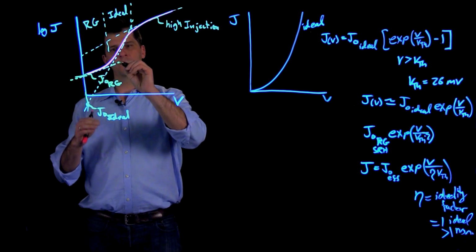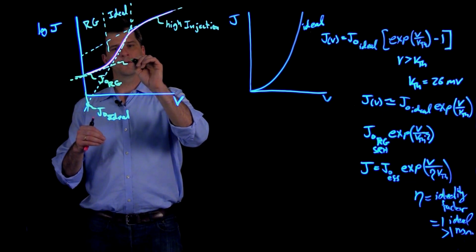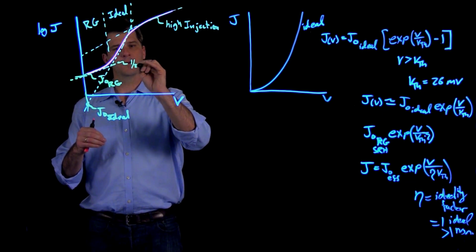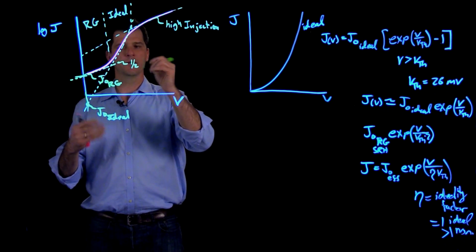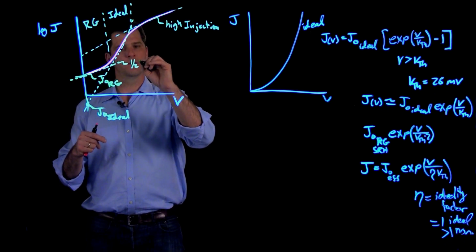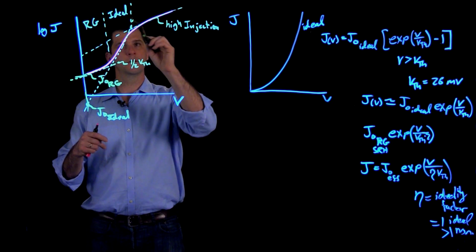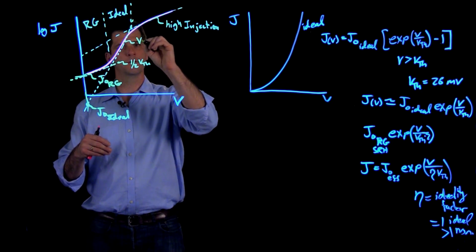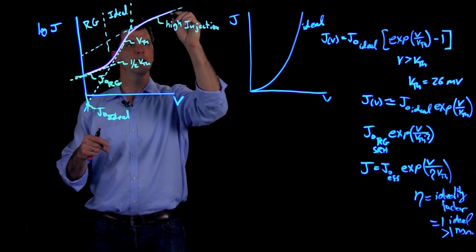And again, these slopes are going to be 1/2 times V thermal here, and V thermal here, and again 1/2 here.